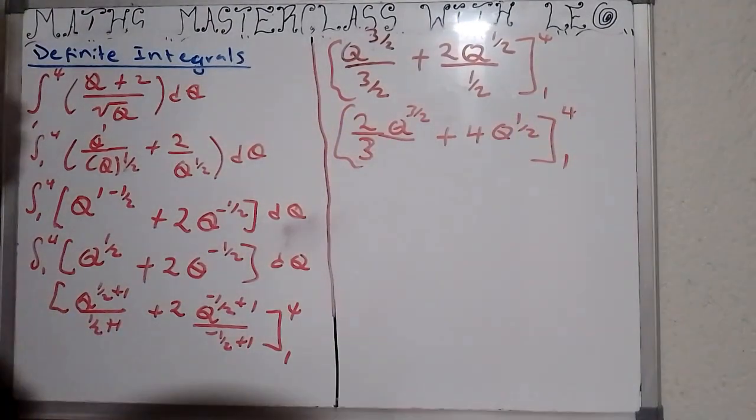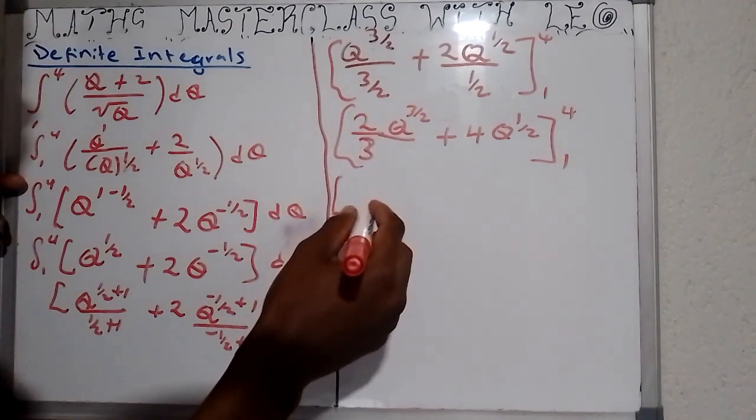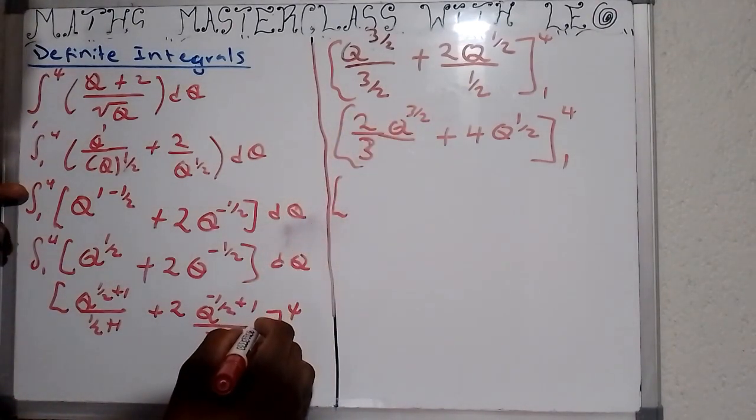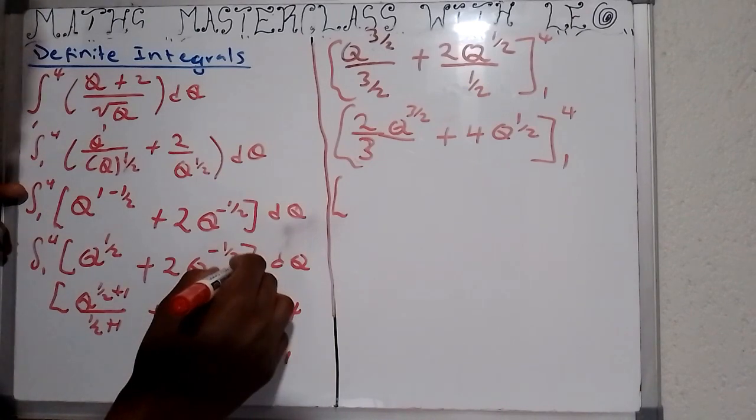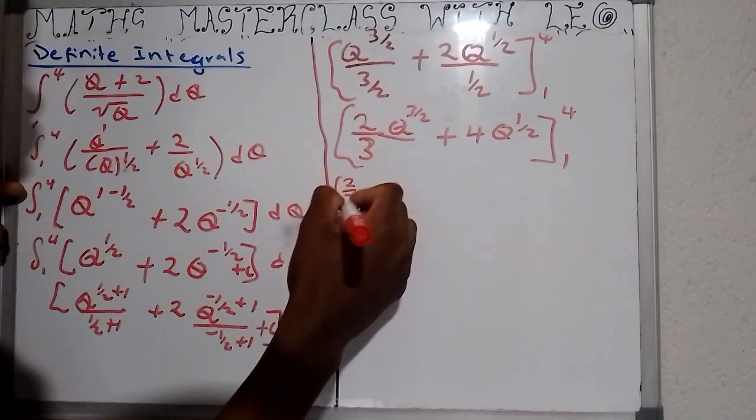Limits 4 and 1, so I need to subtract them. What am I going to get? I always forget to add the value of C. Okay, 4 and 1, I'm going to have 2 over 3 theta.